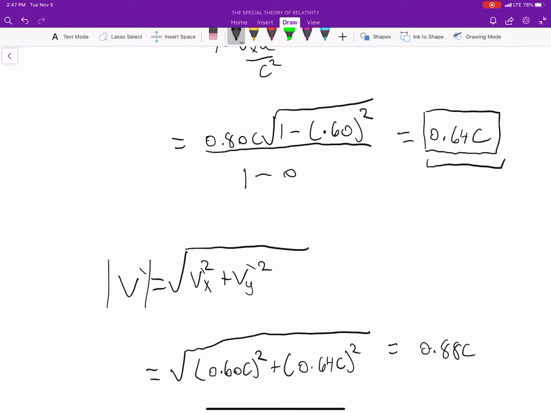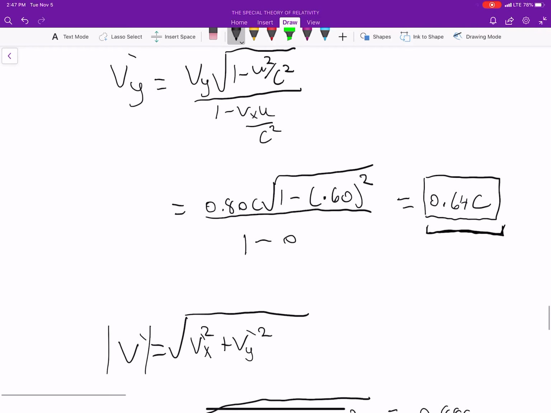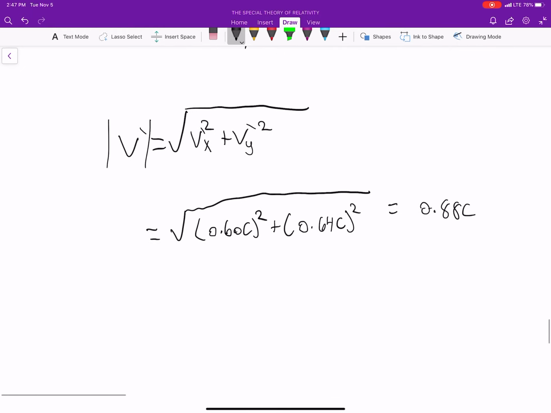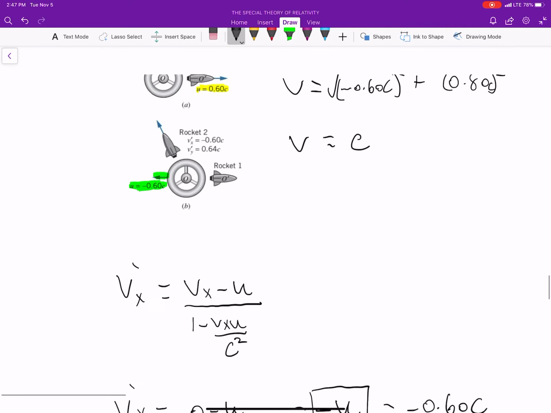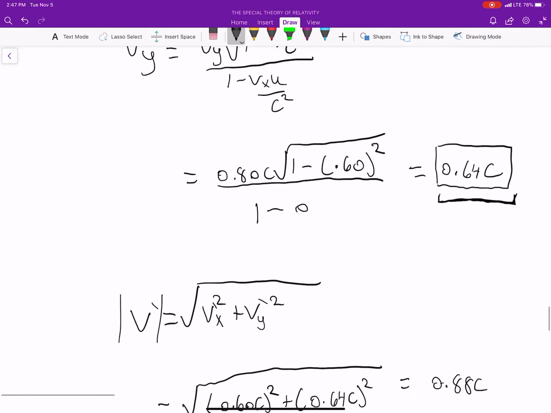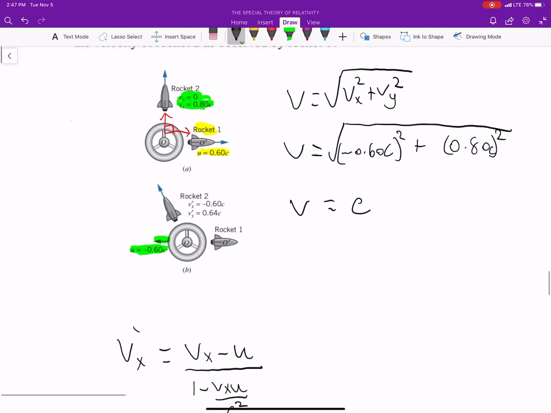So this is our velocity in the y direction from the other observer, and that's what we plug in here. Compared to above, where you just get c. And that is right. Hopefully that makes sense. This was a good little easy example, and we'll try to keep doing more of these.